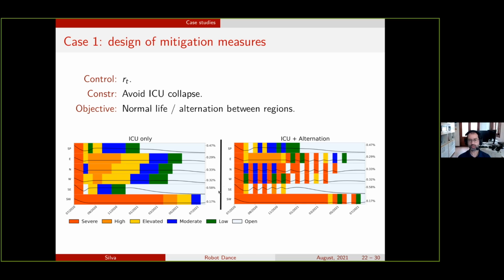And we wanted to show that we could actually alternate between more closed moments and more open moments in such a way that the regions would also alternate among themselves, so that you also have the whole state a little bit more open.